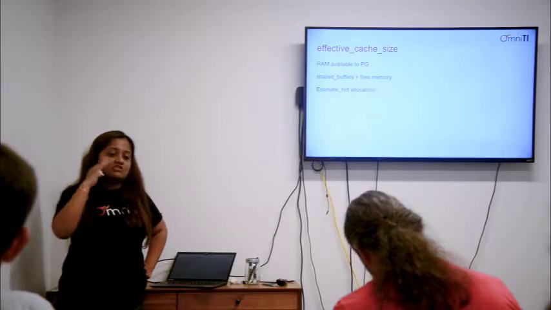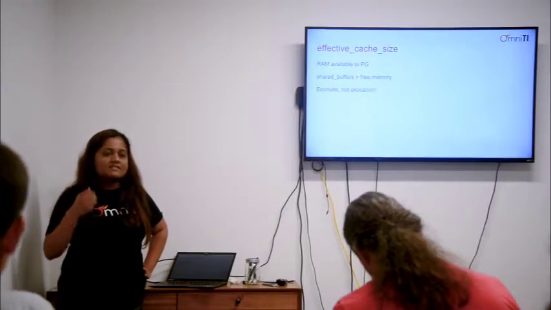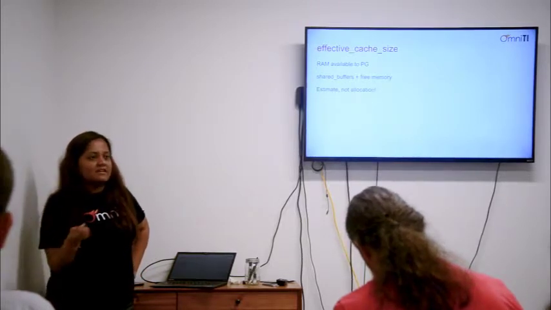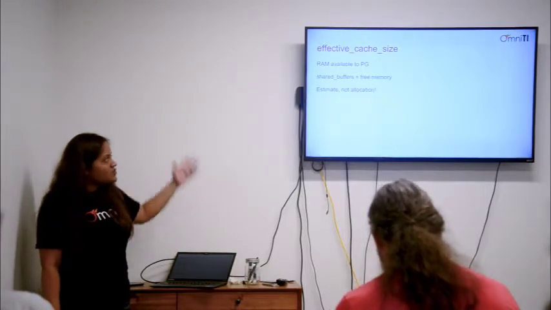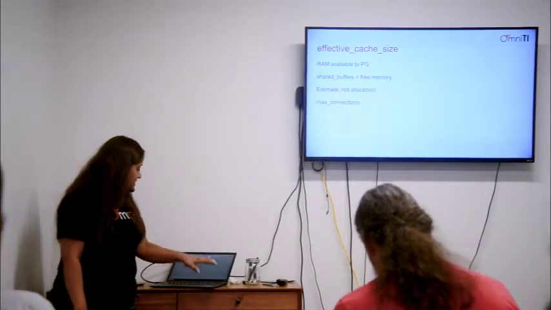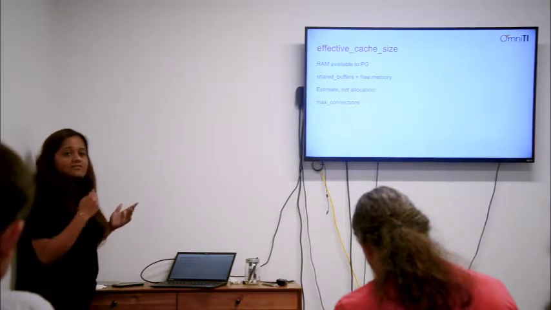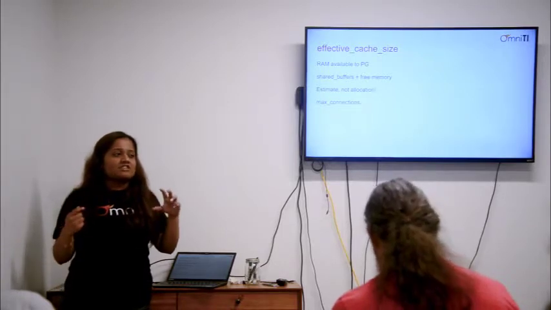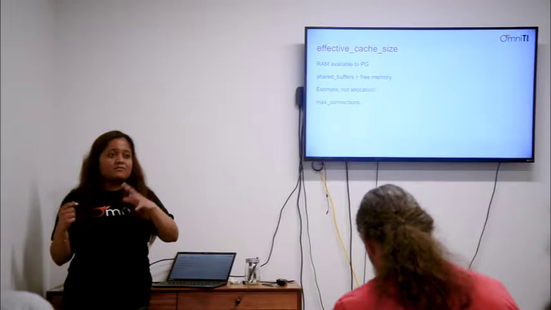So this is just to tell the Postgres planner, hey, use this index, or hey, use this slightly better thing that you're going to use, as opposed to doing a conventional or a boring sequential scan or a heap join. So yeah, it's just an estimation. Max connections should be taken into account when you're doing this. So if you have too many connections, remember I mentioned that max connections does affect the other performance parameters.